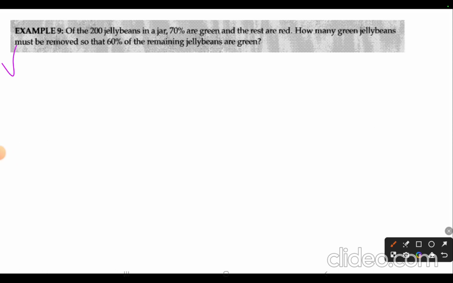Of the 200 jelly beans in a jar, 70% are green and the rest are red. How many green jelly beans must be removed so that 60% of the remaining jelly beans are green?